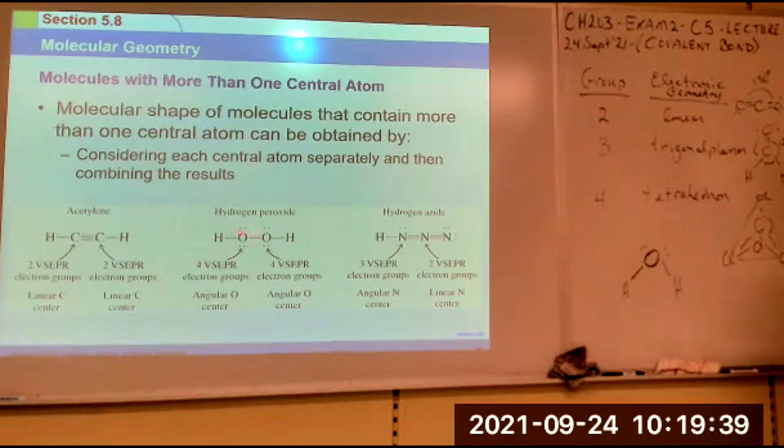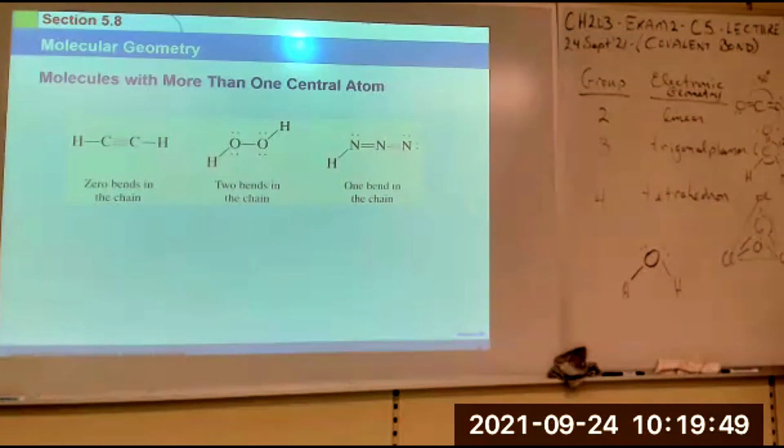Okay, but if you disregard these lone pairs, it's bent right there, and it's bent right there. Right, no bends here. What's that one? That's acetylene. There's your hydrogen peroxide.